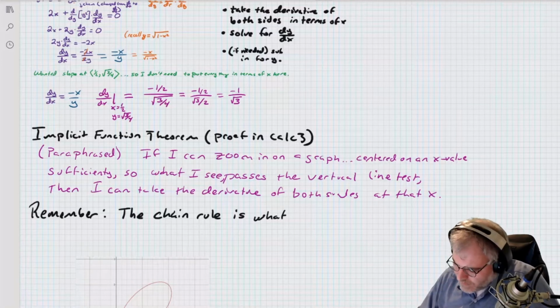Okay, the chain rule is what lets me change the variable.